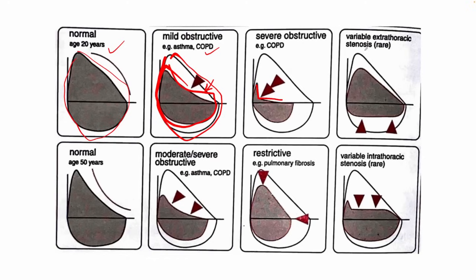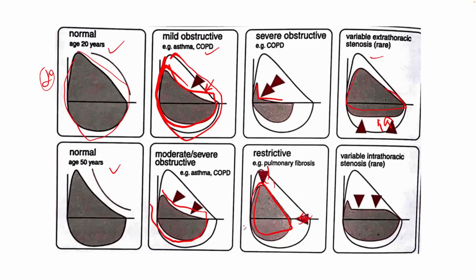And when there is stenosis, which is rare, you will find it protruding from inside. This is at the age of 20 years. At the age of 50, you will find the curve in the moderate or COPD more bulging inward than at 20 years. And in restrictive diseases like pulmonary fibrosis, it will go inward from both sides.